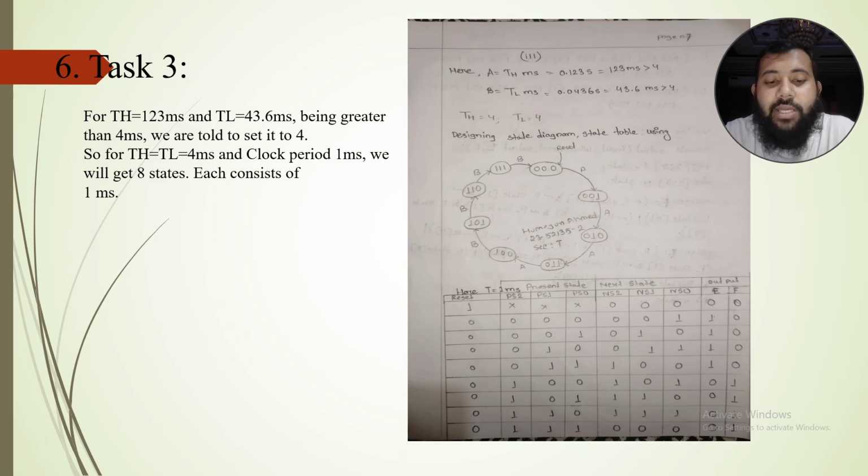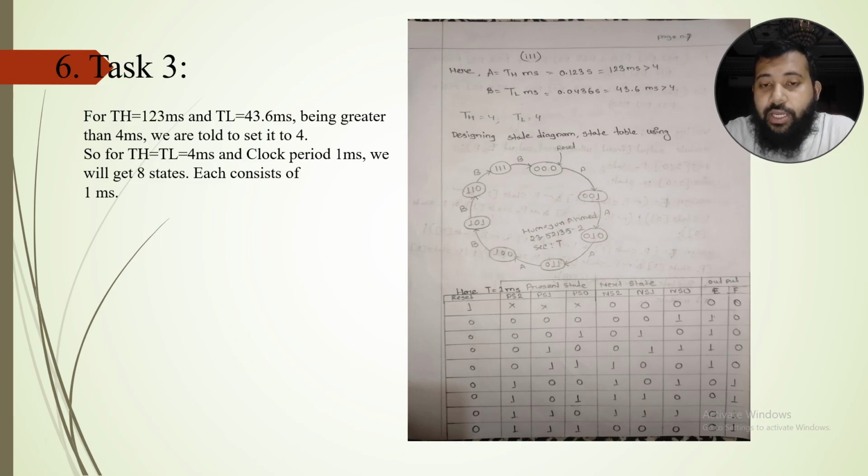The FSM is designed with 8 states. The first 4 states produce a high output, and the next 4 states produce a low output, giving a smooth blinking pattern.